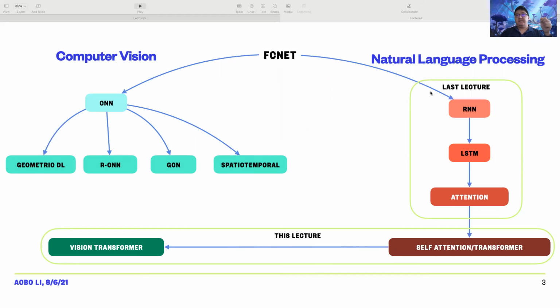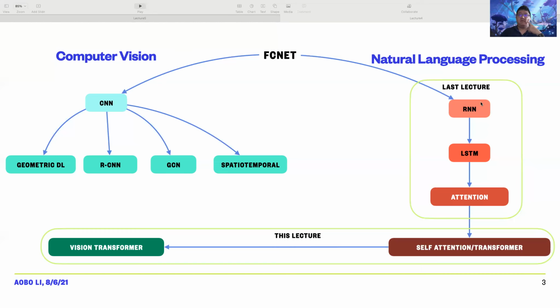On the other hand, the school that deals with natural language, text, voice, or audio, is what we call natural language processing. And the development of NLP actually follows kind of a linear trend.